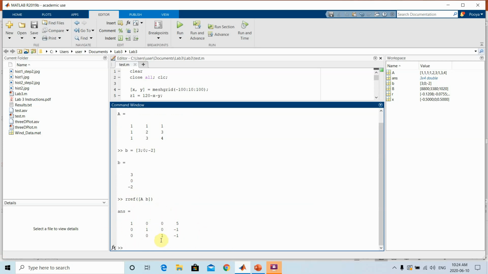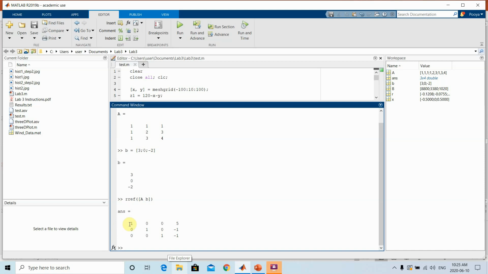So you see that here. This originally was matrix A. Originally, this was vector b. But in the reduced row echelon form, this got simplified. Now, our system of equations is converted to another system.